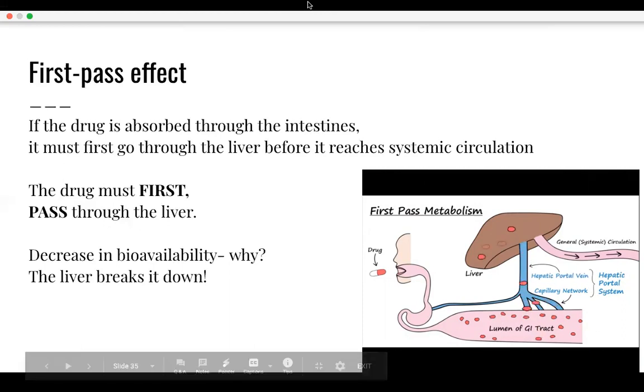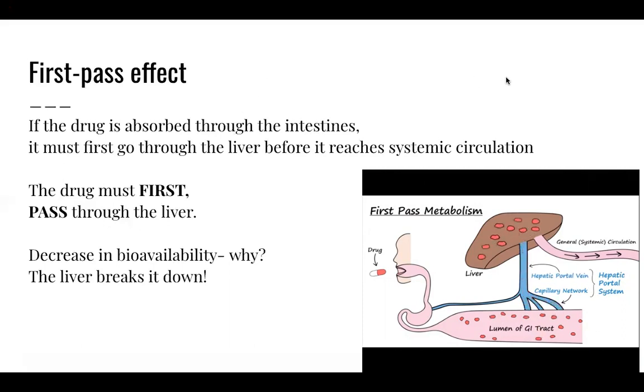After passing through the liver, the drug finally reaches systemic or general circulation, where it can be distributed throughout the body to exert its desired action. Since the liver is the main organ of the body that metabolizes drugs, in many cases, much of the drug that is taken orally ends up being destroyed by the liver before the drug even makes it to systemic circulation. We call this breaking down action by the liver first pass metabolism.